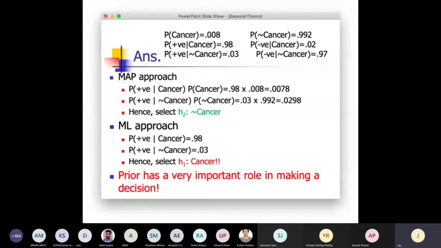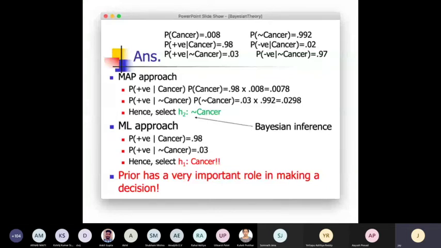So prior has a very important role in making this decision, though computing the prior, or getting prior information, is not trivial. If there is any error in modeling the prior, your decision making will also be erroneous. But it has a very important role. And this inference is known as Bayesian inference.